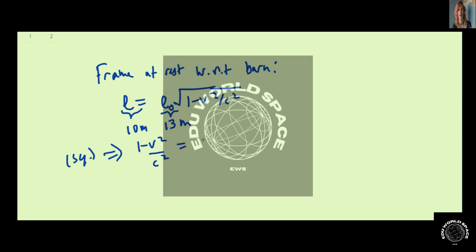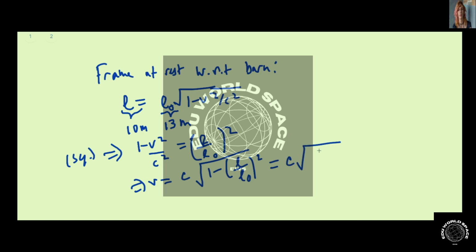You get 1 minus v squared over c squared equals (L over L naught) squared. And so v is c times square root of 1 minus (L over L naught) squared. And so that's c times the square root of 1 minus (10 meters over 13 meters) squared.